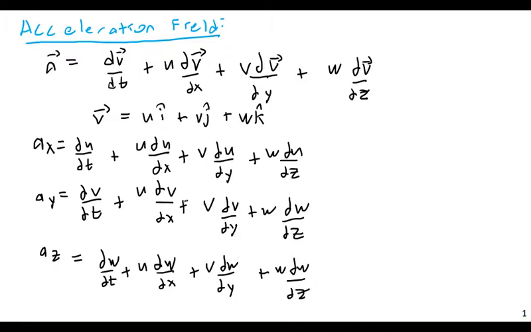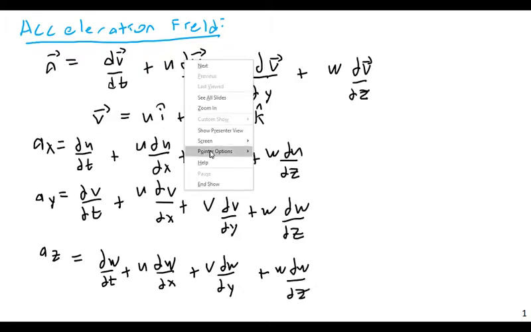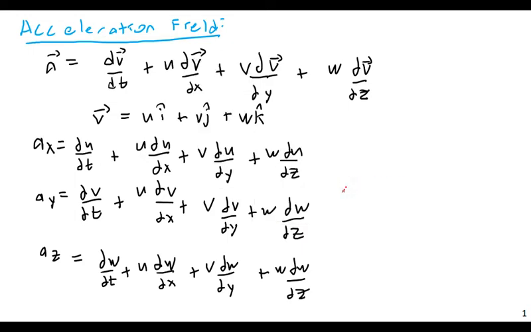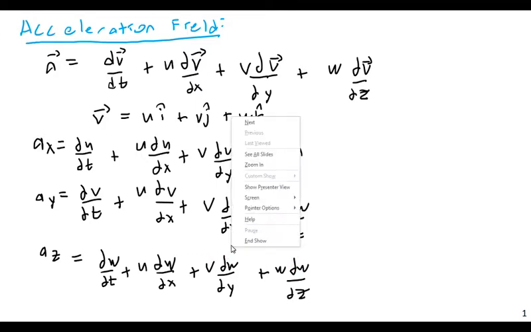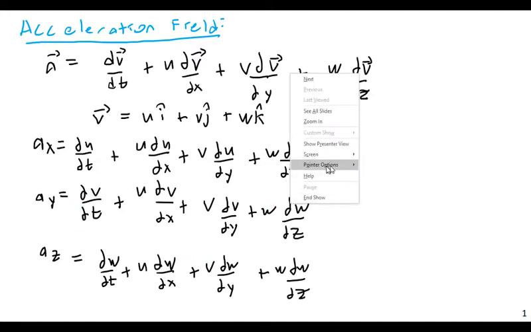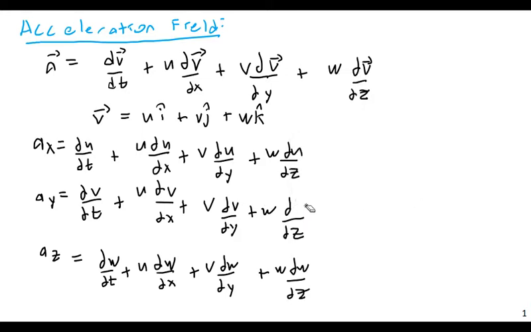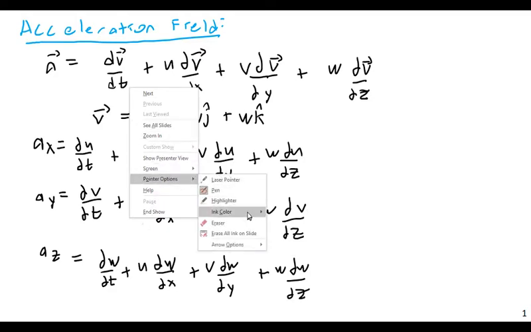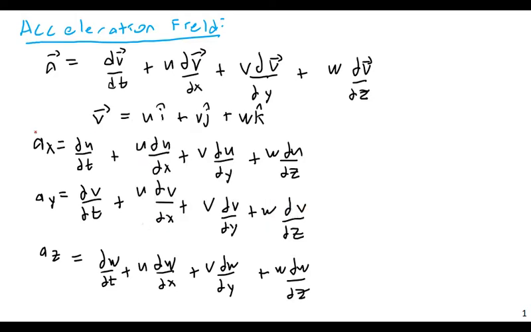And all of this feeds into the acceleration vector. Sorry about that, I wrote something down wrong. Too many variables to not make typos. Okay, and this would be our acceleration field.